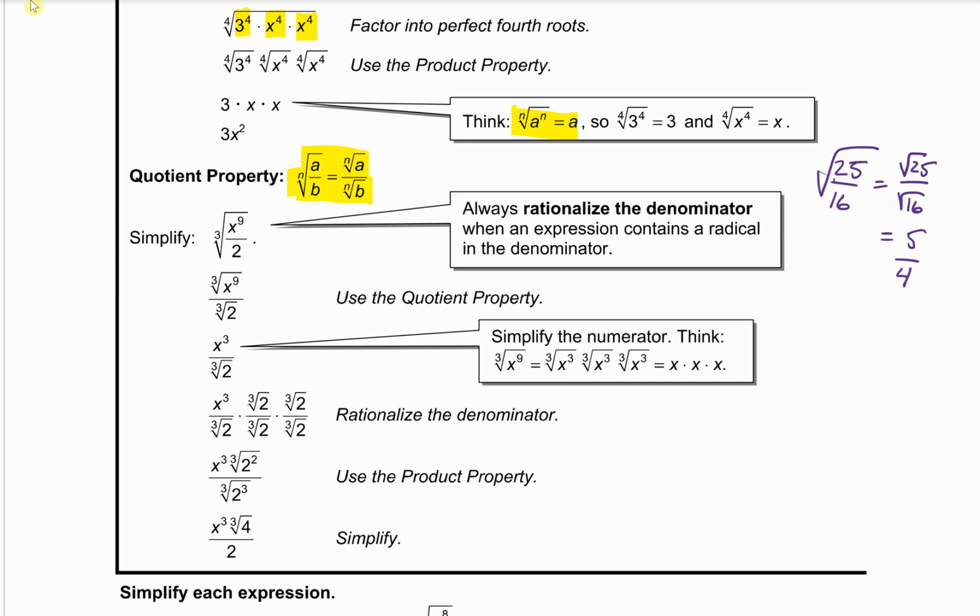Notice here that they got the cube root of x to the 9th is x to the 3rd because they broke it down. But I'll show you right now, there's an easier way to think about this. 9 divided by 3 is 3.